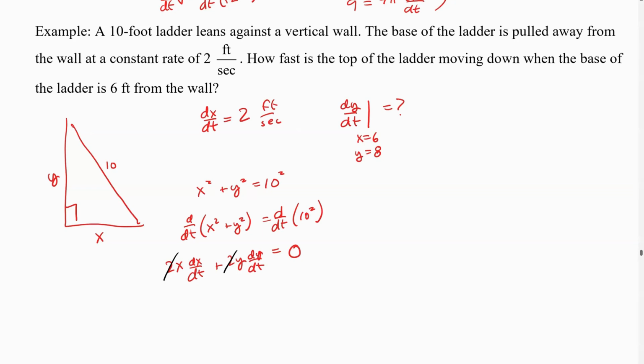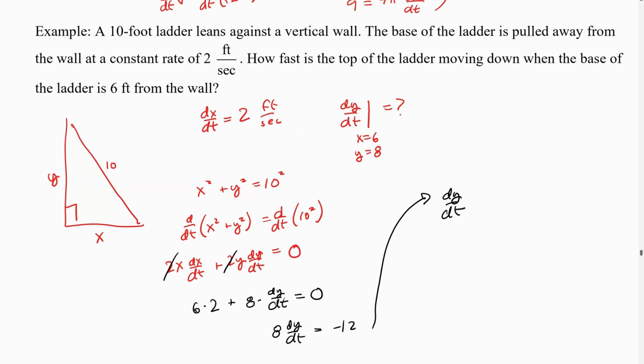Plug in what we know. x is 6, dx/dt is 2, y is known, it's 8, dy/dt is unknown. Let's solve for dy/dt. 8 dy/dt is equal to -12. That means dy/dt is equal to -12 over 8, which is -1.5 feet per second. And there we go.